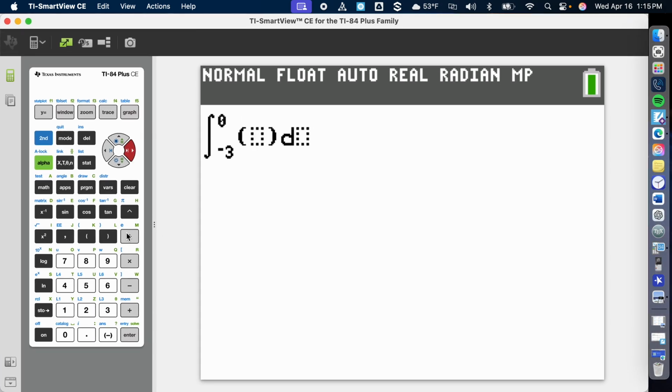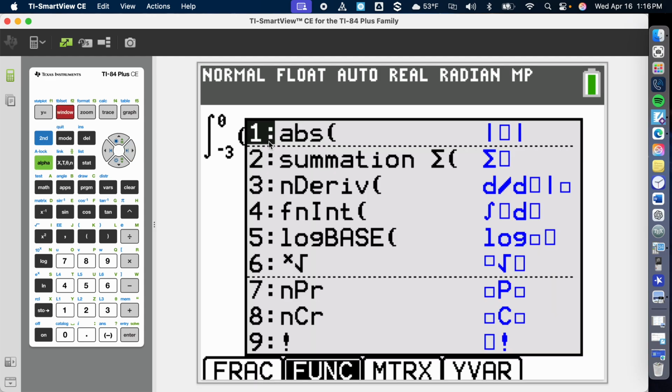There's multiple ways that you can get y2 and y1. I'm unsure as to why the calculator doesn't just name them f of x, g of x, but they've always written it as y1, y2, y3. So when we hit alpha window, you should notice at the bottom where it says function is highlighted, and that's the second of 4 options.